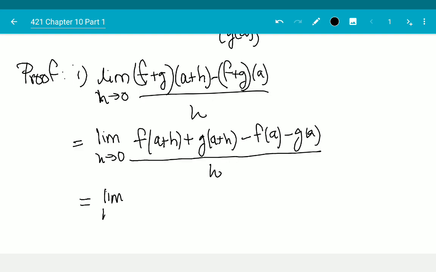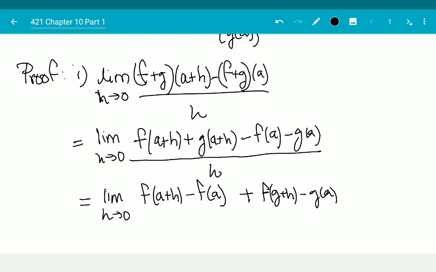which by definition is limit h goes to 0, f of a plus h minus f of a plus g of a plus h minus g of a all over h.